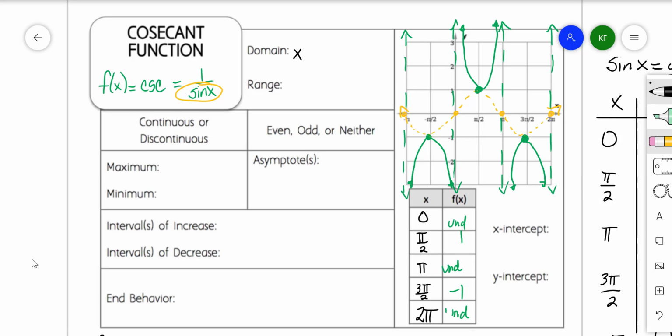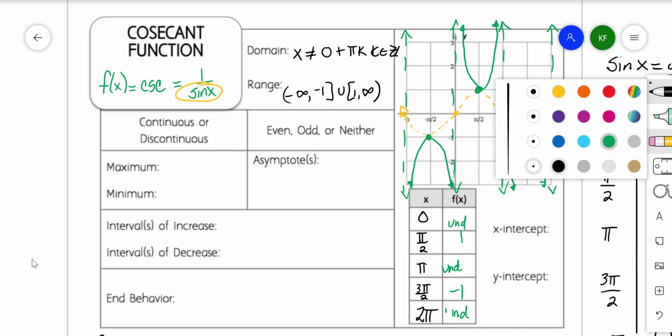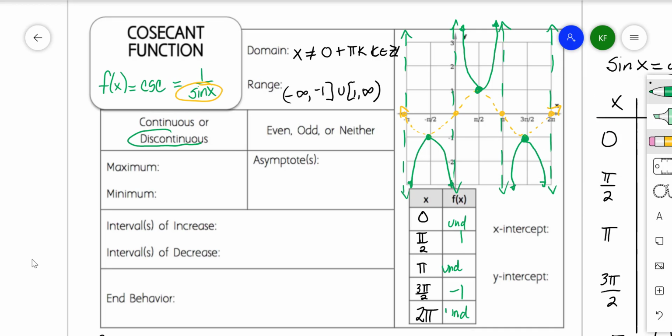So x cannot be, because this is the domain, 0 and then pi k, where k is an element of Z. And then the range was from negative infinity up to -1, union 1 to infinity. Because of the asymptotes, we have a discontinuous function.